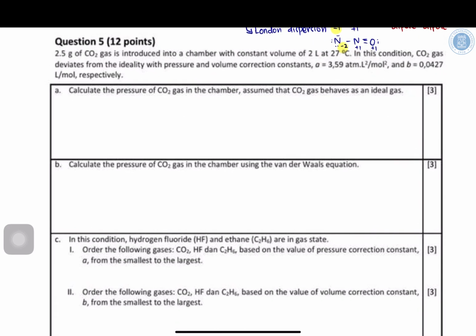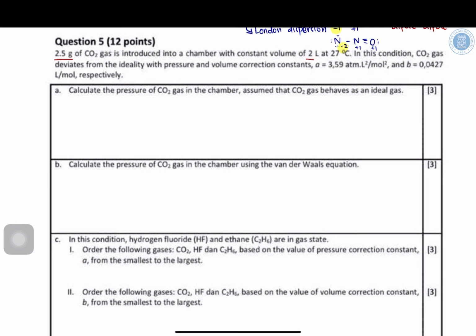Now for the next question, here we have CO2 gas with an amount of 2.5 gram, introduced into a chamber with a constant volume of 2 liter.